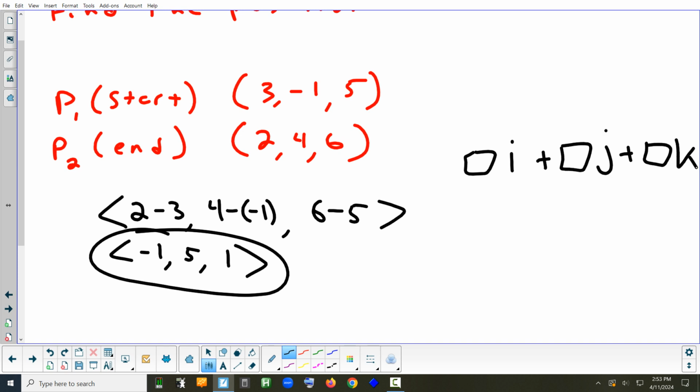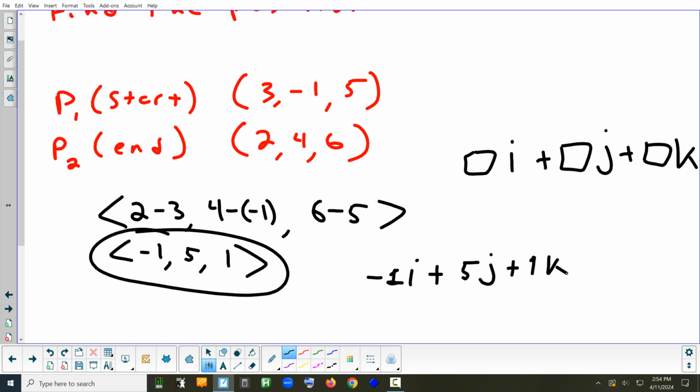So you can do negative 1i plus 5j plus 1. What would the last one be? k. Yeah, if you want to, you can leave the ones off.